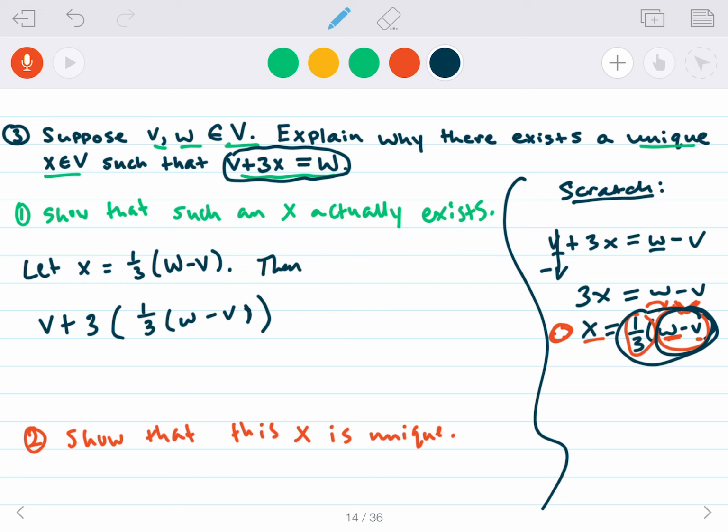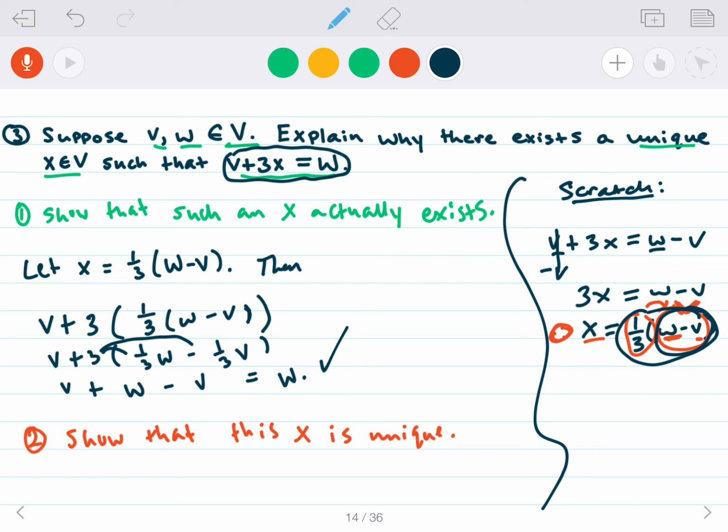If I simplify the inside, I get V plus 3 times 1/3 W minus 1/3 V. Simplify further, giving me V plus W when I distribute that in, and then minus V. Well, that equals W. So such an x exists, so that when I plug it into my equation, I do indeed get W. So that's cool.